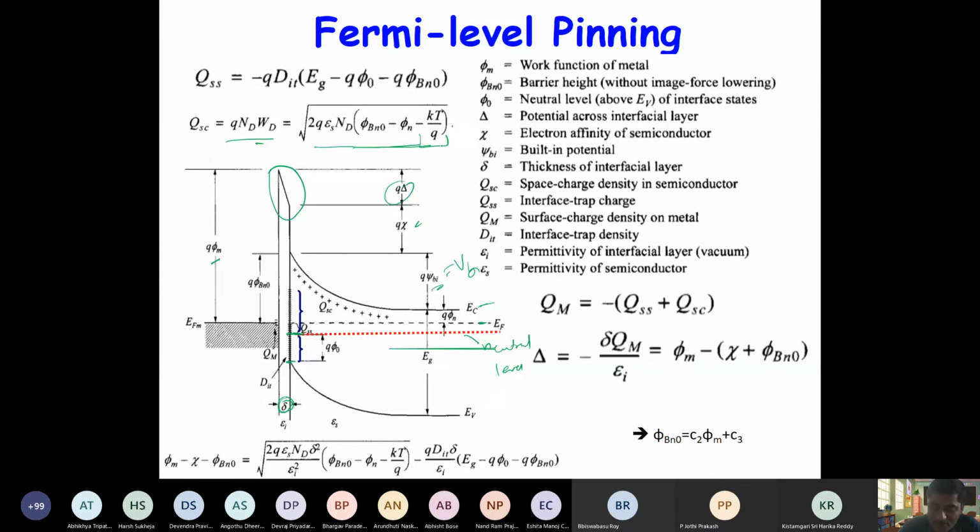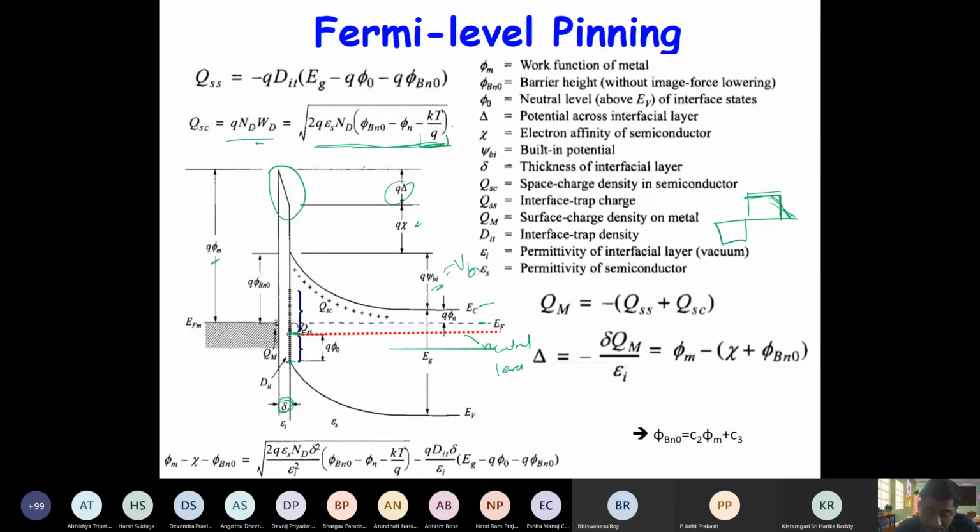We asked that if you consider the majority carrier variation in a PN junction, the charge is not rectangular, rather there is some slope here. And if you consider this variation, you get this kT by Q factor. So this is your space charge region.